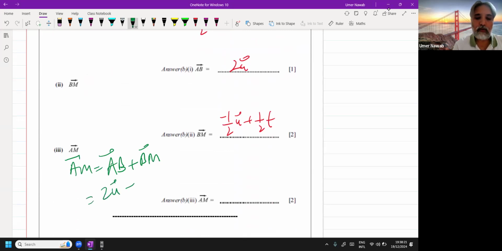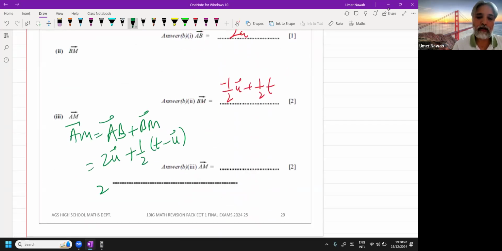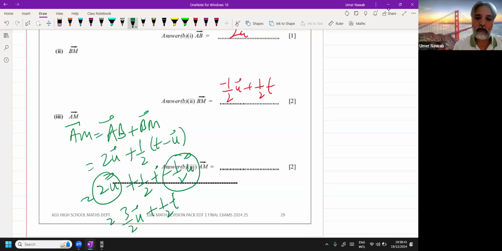It is 2U. And BM is half of T minus U. Can I expand the brackets? 2U plus half of T minus half of U. Now 2U minus half of U will give you the answer: 3 over 2 U plus half of T.